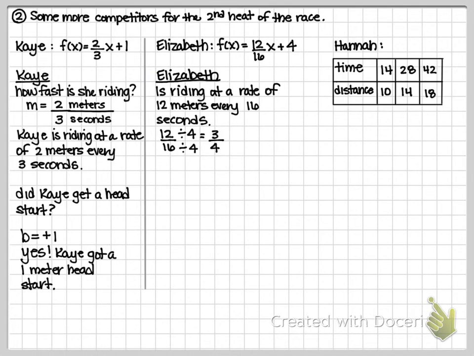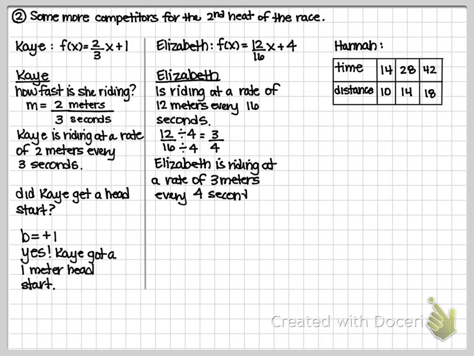So I would say Elizabeth is riding at a rate of 3 meters on the top every 4 seconds on the bottom.